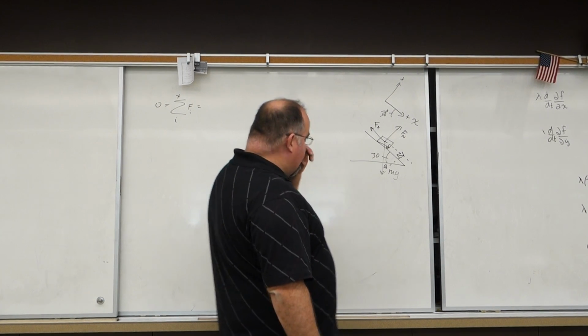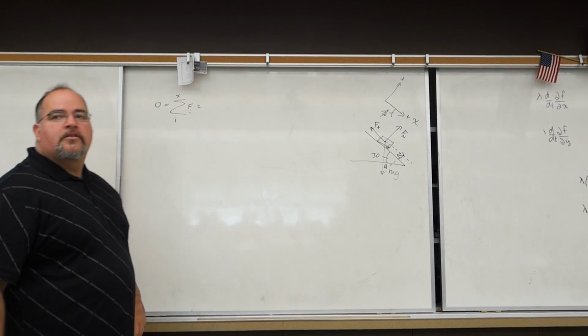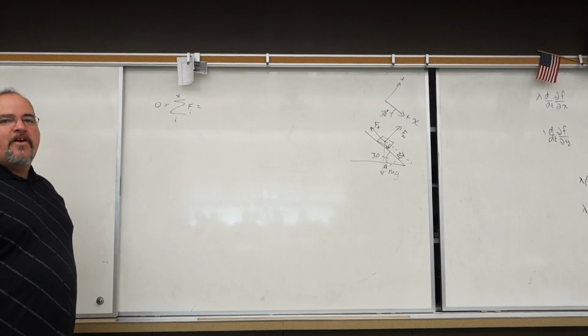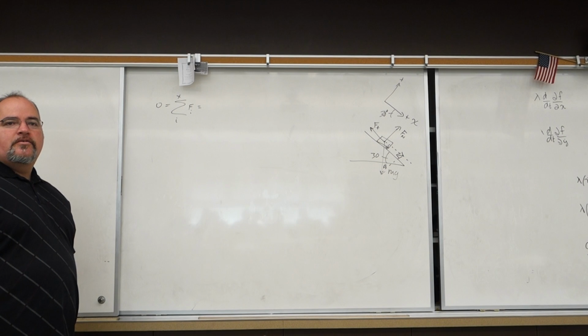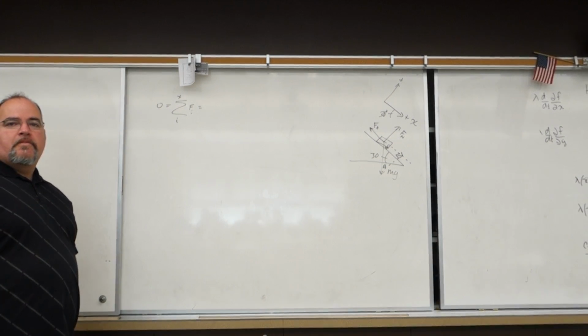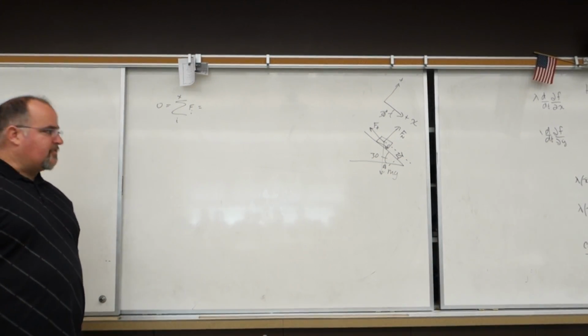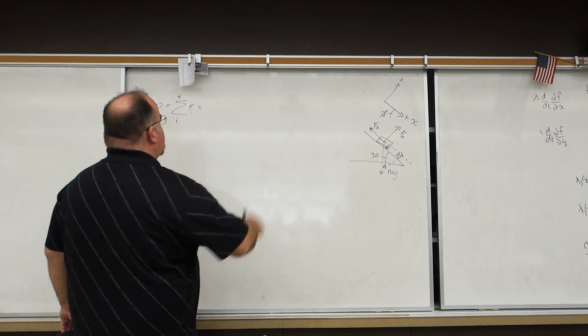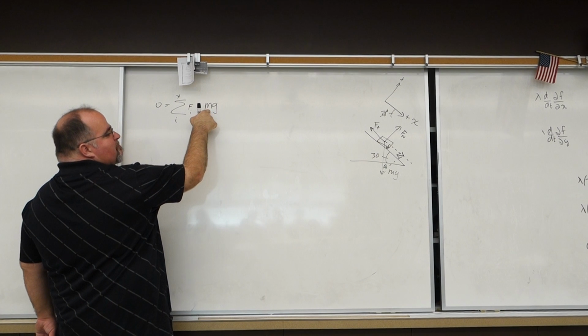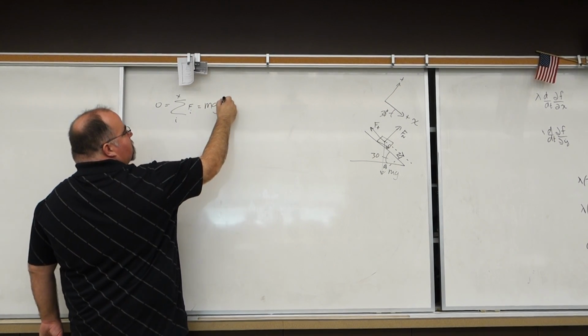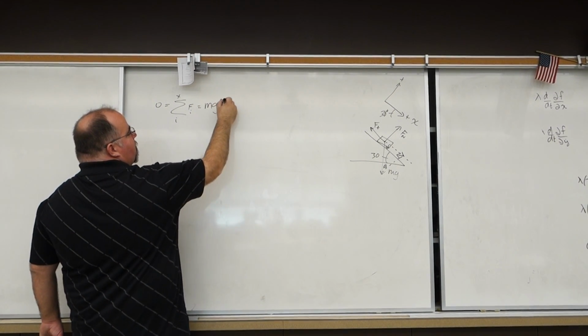So would that be sine or cosine? Would it be the sine of beta to find the projection on X, or the cosine? It's the cosine. So it's mg, because that's the magnitude of that vector, times the cosine of 30 degrees.